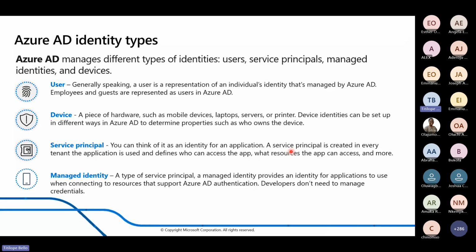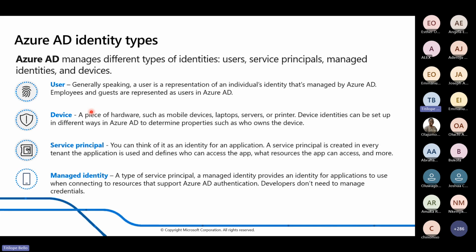Now there are identity types when it comes to your Active Directory or your Azure Active Directory. We have talked about it, that it manages users. A user is any individual, right? A user represents any person within your organization that needs to access certain resources and must be authenticated.